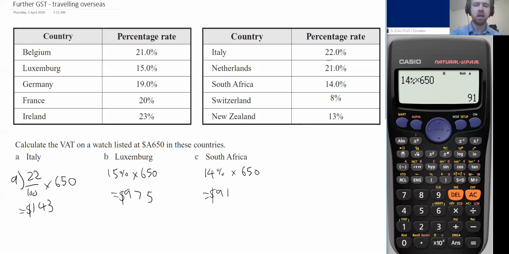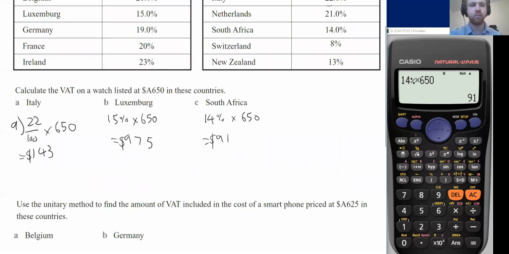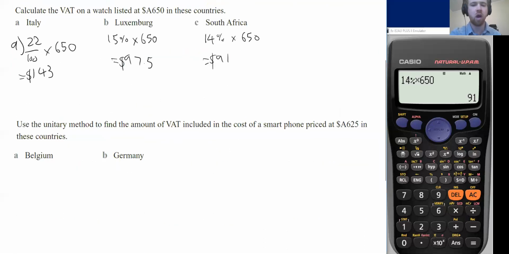Okay, now let's look at some slightly trickier examples. We're going to use the unitary method to find the amount of VAT included in the cost of a smartphone priced at $625. So in this instance, we've already got GST or VAT included in our price, and we need to find out how much of that cost is the VAT. So in Belgium, we have a rate of 21%.